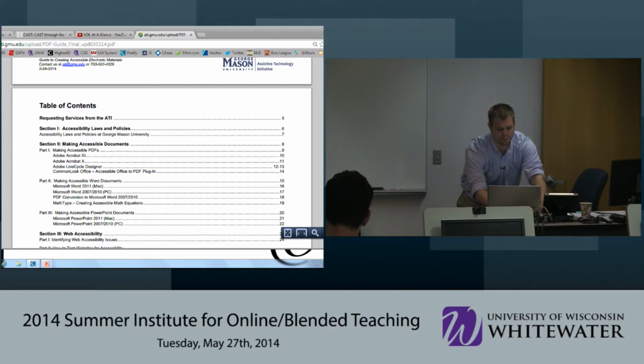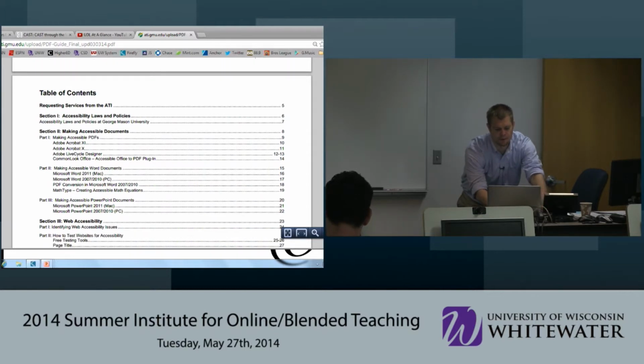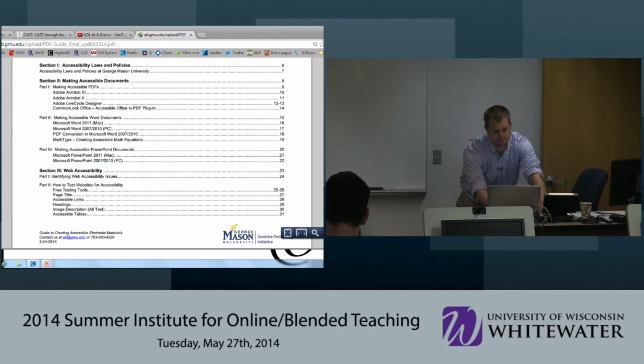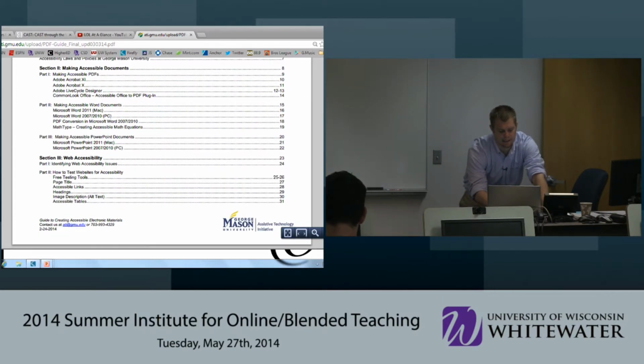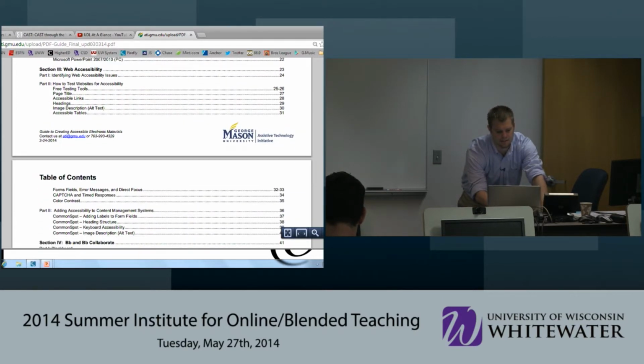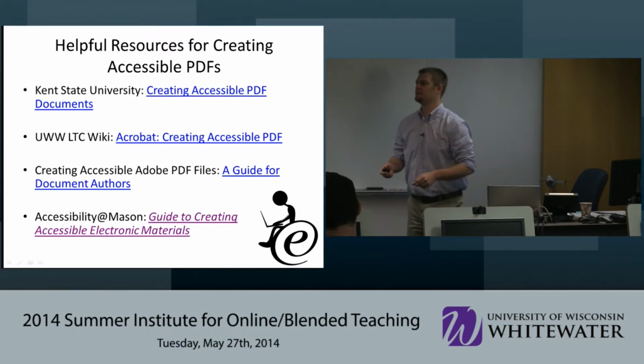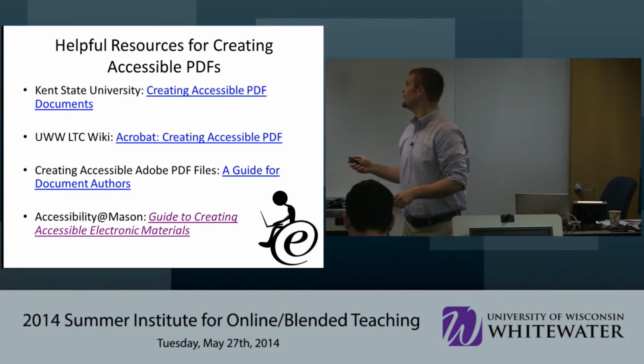It goes through the different parts of Adobe 11 and 10. It talks about Word 2010 and 2011, making accessible PowerPoints. It talks a little bit about web accessibility. So this is a great resource, and I saved multiple trees by not printing it out.